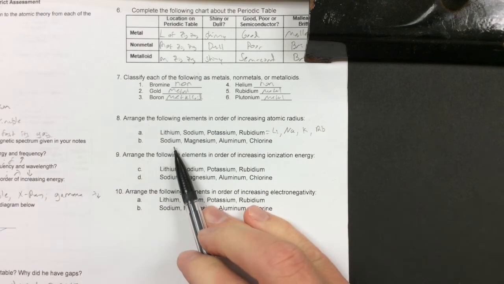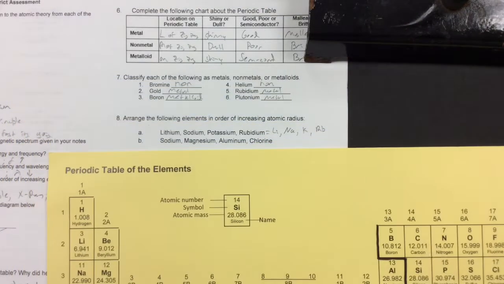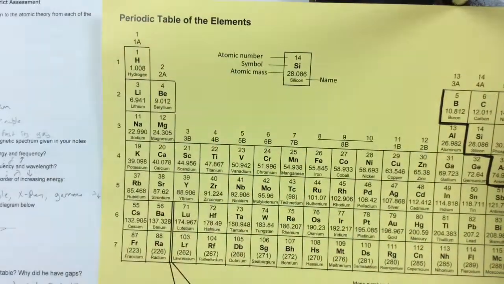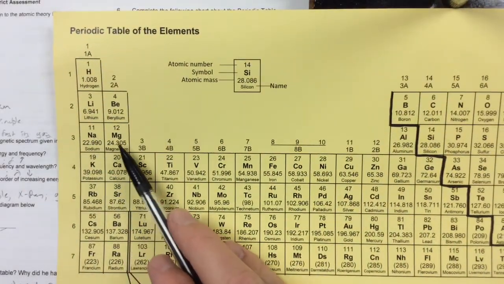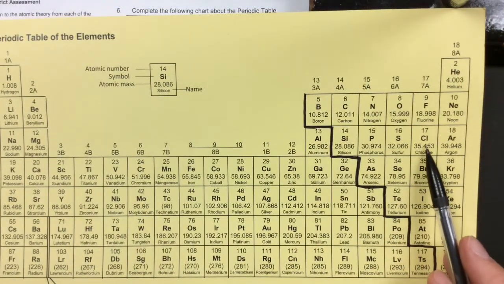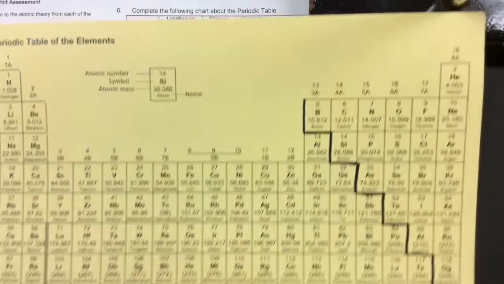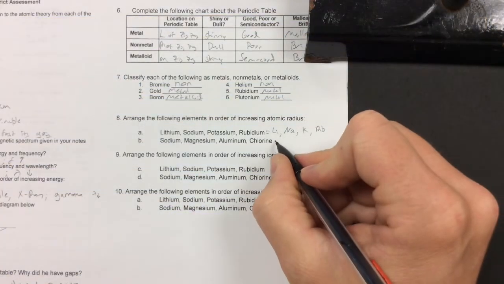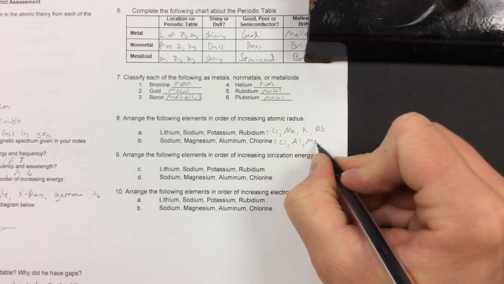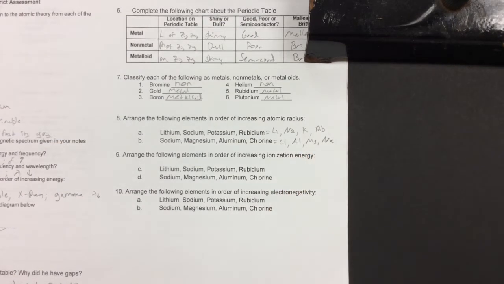So same thing here, if I'm looking at my periodic table, I have sodium, magnesium, aluminum, and chlorine. So we're working across a period starting with sodium, magnesium, aluminum, and lastly chlorine. So chlorine is the furthest one away from francium. That means chlorine is going to be the smallest one. So we're going to start off with chlorine, then aluminum, magnesium, and sodium.